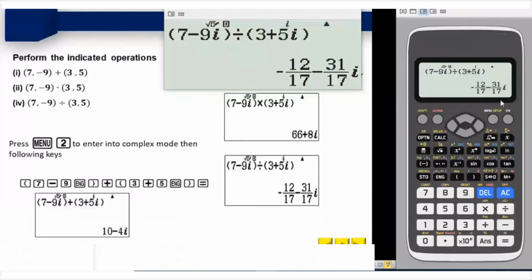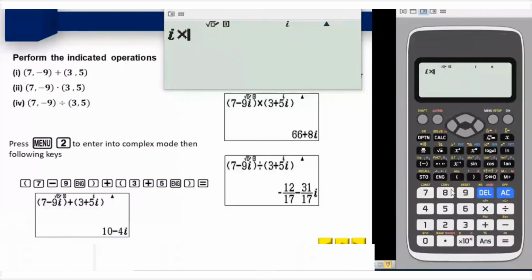All right. I would also like to indicate that if you multiply two iotas, you will get minus 1. If you multiply two iotas, you will get minus 1. The reason is iota is under root of minus 1. Remember, I told you that iota is under root of minus 1.